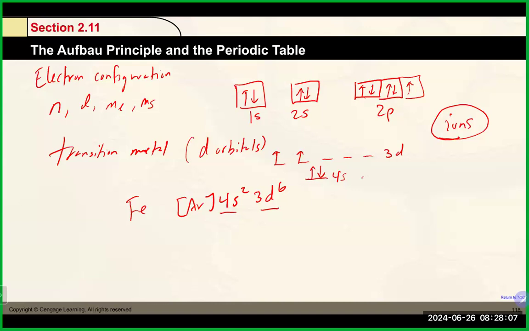Remember that with transition metals, there's a switch in energy, and once you start populating the d orbitals, the 4s actually becomes higher in energy. So when transition metals lose electrons, they will lose the s electrons first, and then, if necessary, they will come down into the d's.